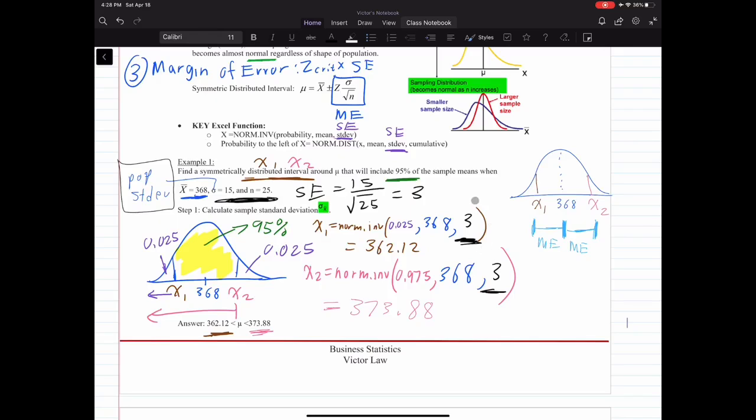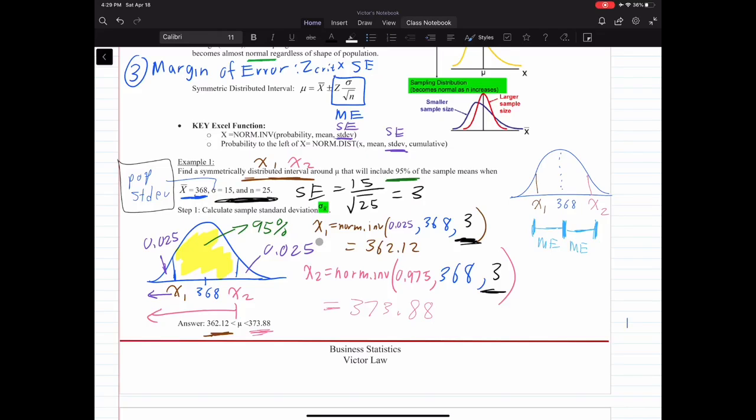Our standard error is sigma divided by square root n. Sigma is 15, n is 25, so 15 divided by square root 25 gives you 3. That's your standard error, and that's what we put into the formula when we're using norm.inv.